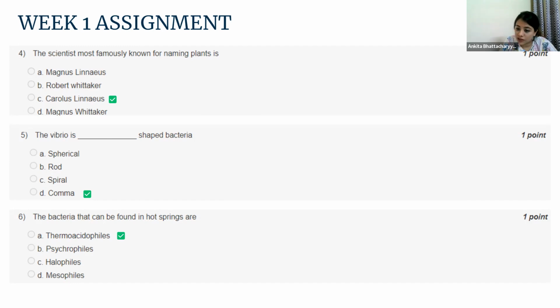The other options are different. Psychrophiles are those bacteria that prefer to live under very cold conditions. The basic idea behind keeping food inside a fridge or freezer, and not just food but other reagents as well, but let's talk about food items: if you leave something outside, it gets spoiled by putrefaction, majorly by bacteria.